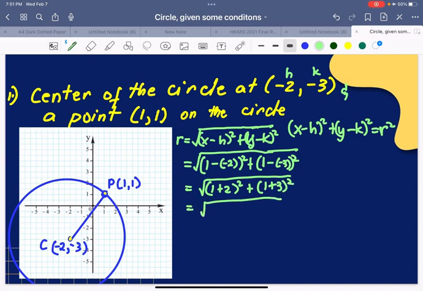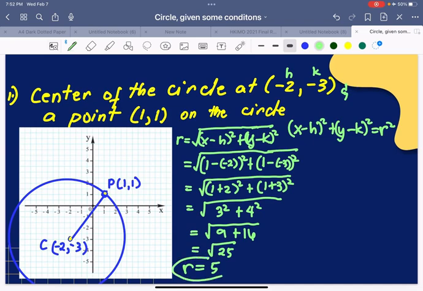So, this is equivalent now to 3 squared plus 4 squared. 3 squared is 9, 4 squared is 16. So, this is square root of 25. So, our r is 5. Square root of 25 is 5. So, this is now our radius.